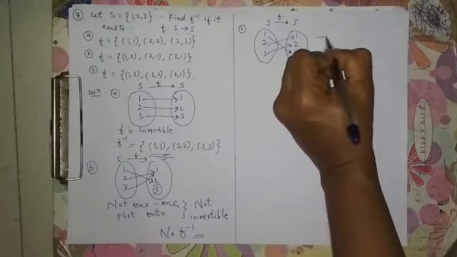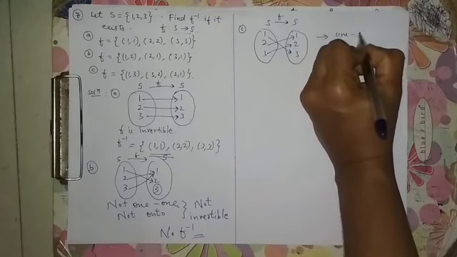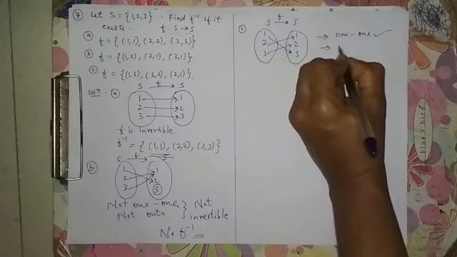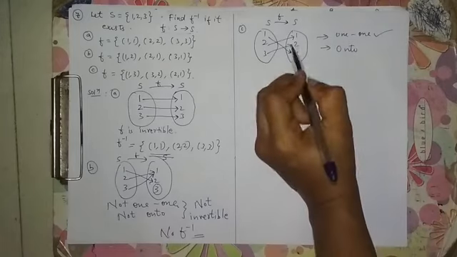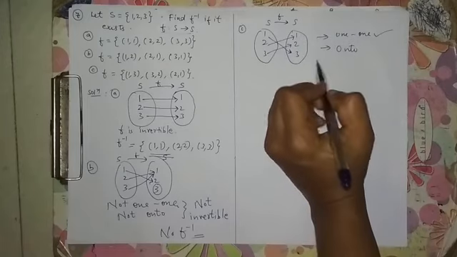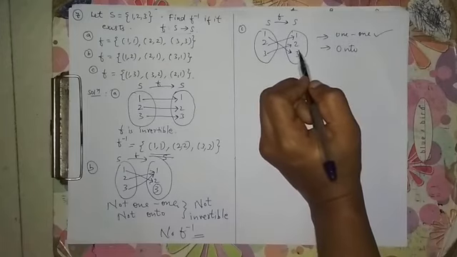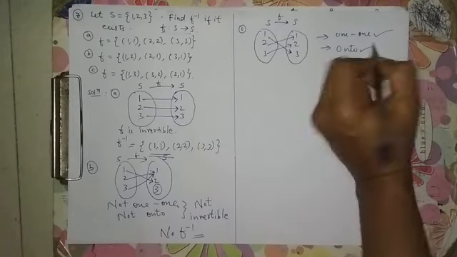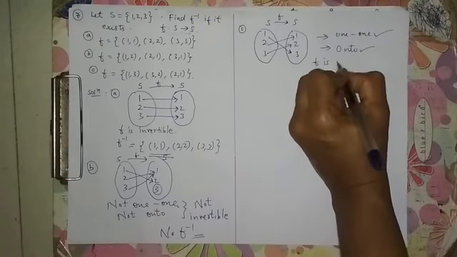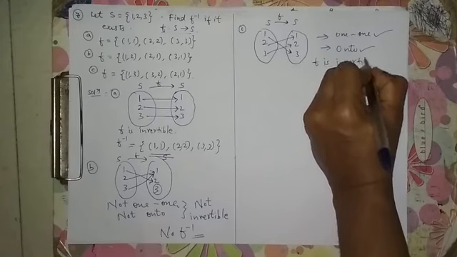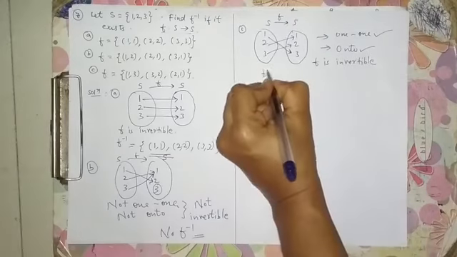So this is one-one. Is it onto? Yes, because all the elements in the second set are mapped. So F is invertible.